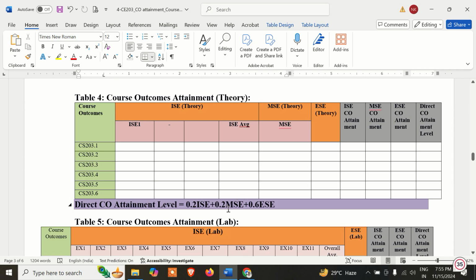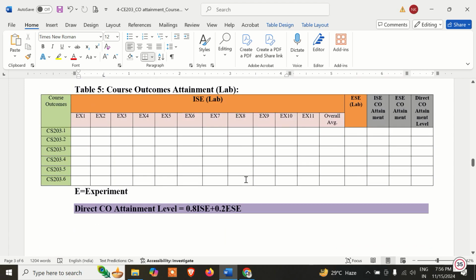That is, you can say 20%. Similarly, the weightage given to the mid-semester examination is 20%, and the end semester examination is given 60%. So finally, the direct CO attainment is the combination of 20% of ISC, 20% of MSE, 60% of the ESE.